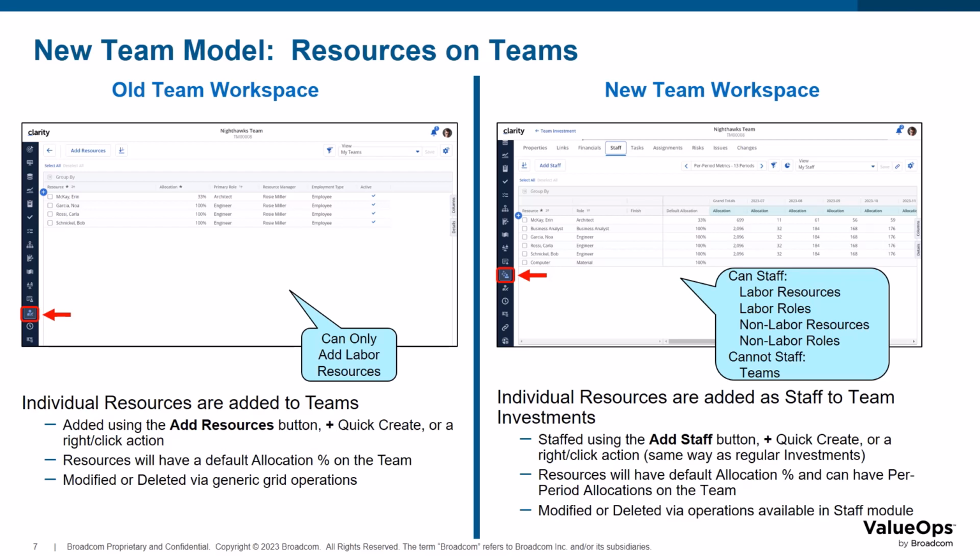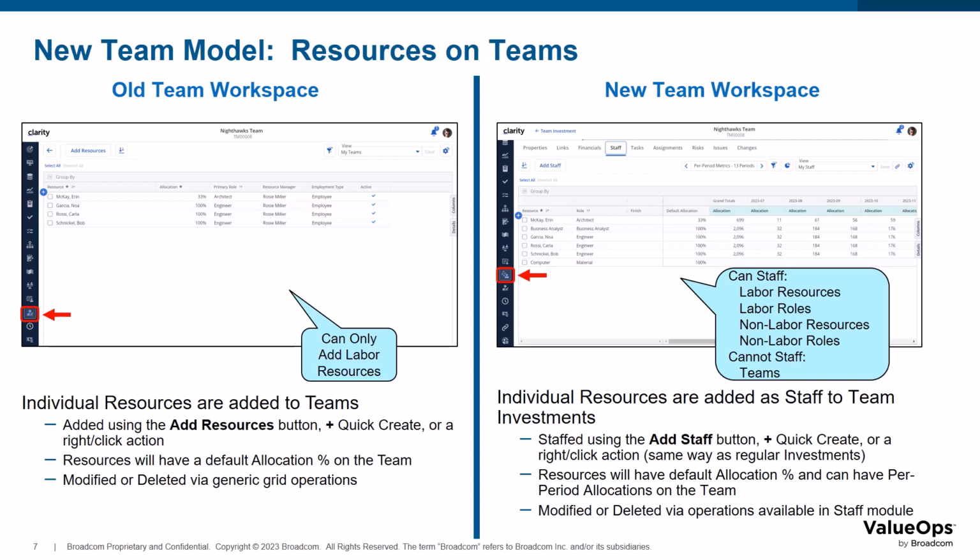You'd have a plus quick create, a right click. You would add a default allocation % for the team member, and this is where you would delete or make any edits to whoever is on your team. But before, you could only add labor resources to your team.